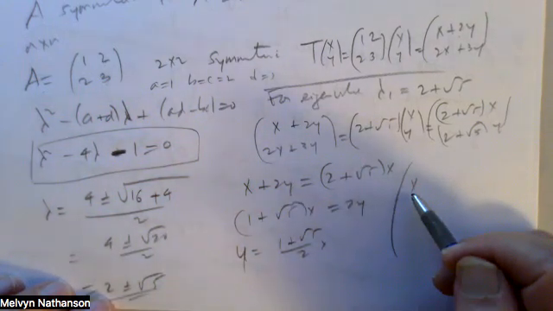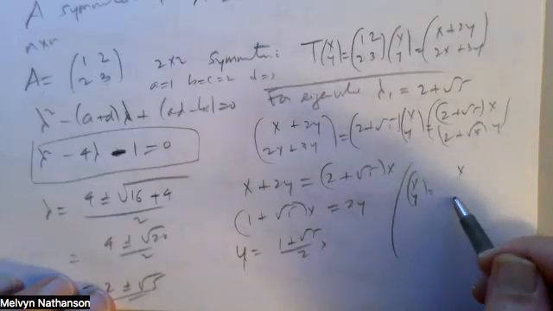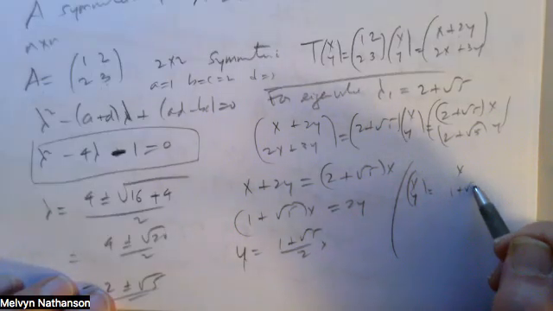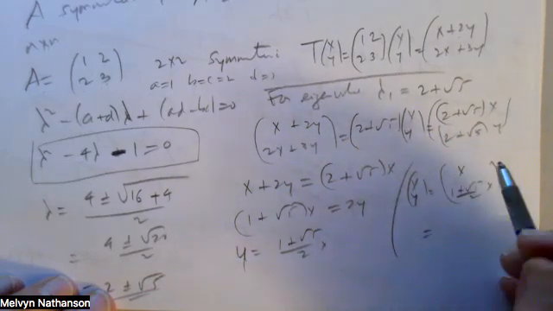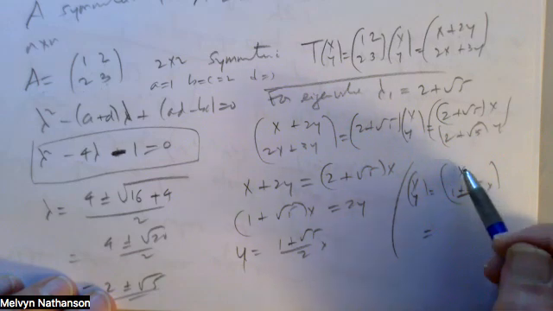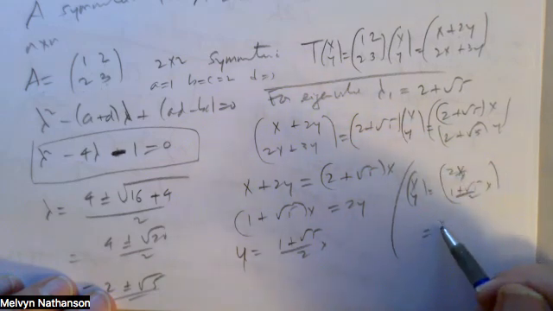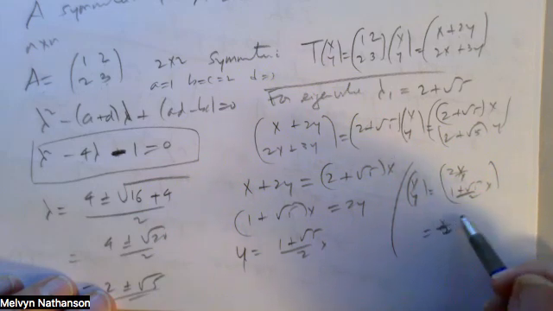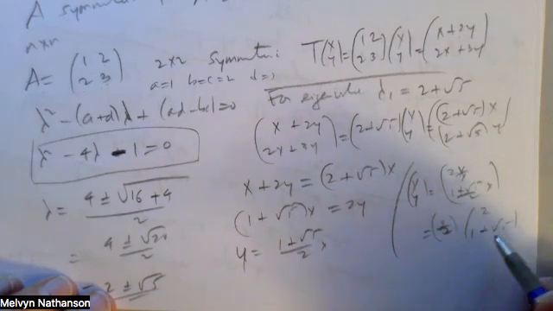So xy is any vector of the form x, 1 plus root 5 over 2 times x, which if I factor out x over 2, is x over 2 times the vector 2, 1 plus root 5.